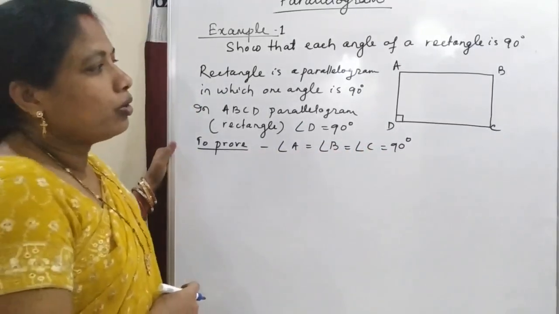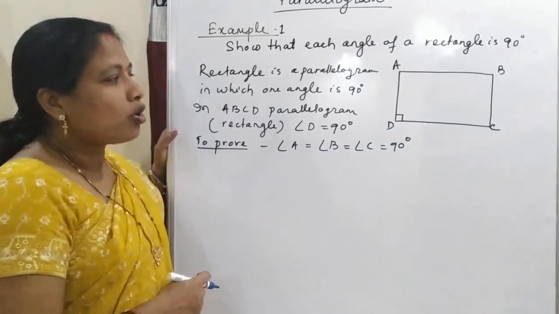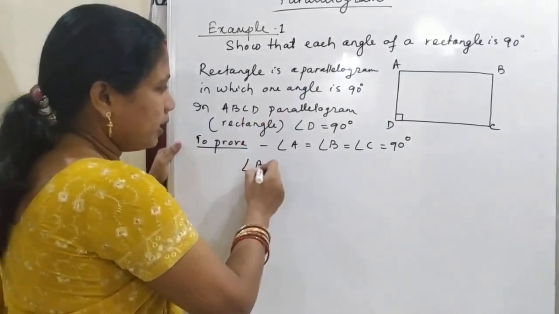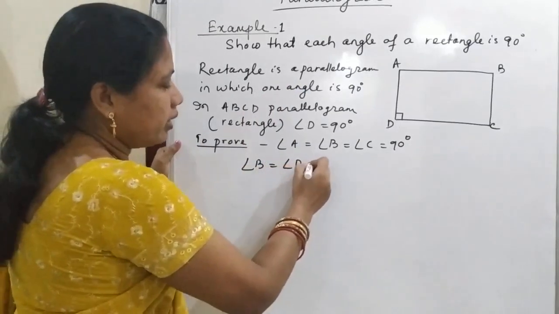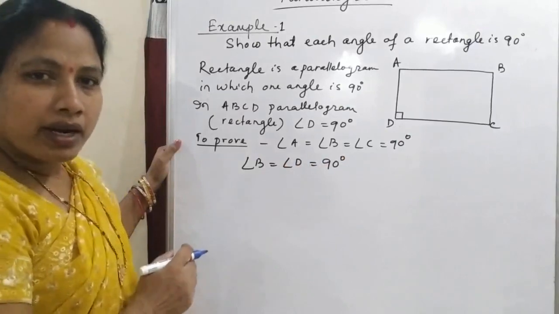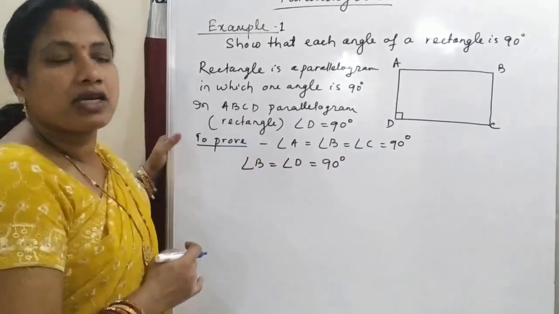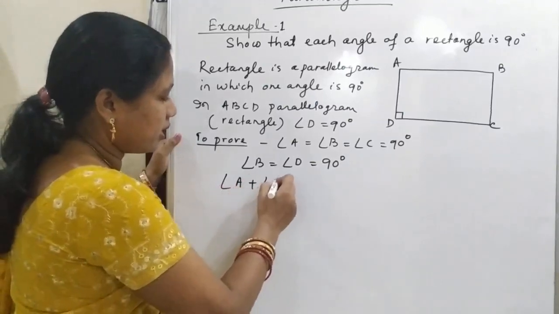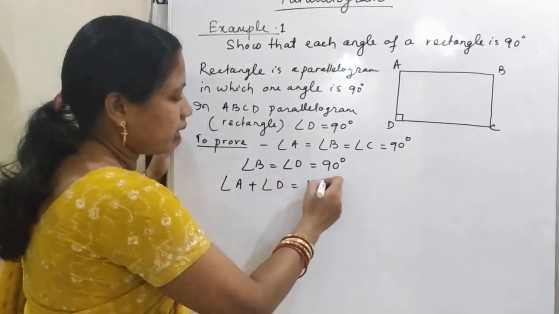We know in a parallelogram the opposite angles are equal. So angle B is equal to angle D is equal to 90 degrees. And in a parallelogram the adjacent angles are supplementary. That means angle A plus angle D is equal to 180 degrees.